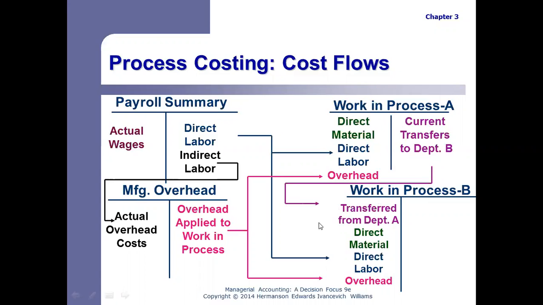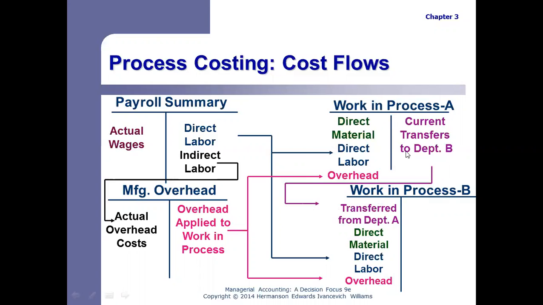And then they also add direct material, direct labor, and overhead. So work in process is not for a single job, but it's by department, and each department has a separate work in process. So again, in this case, Department A does something first.